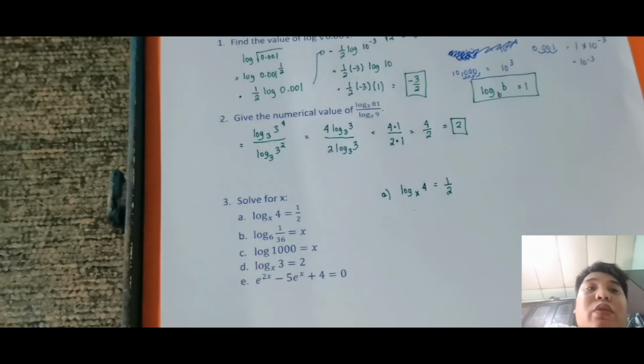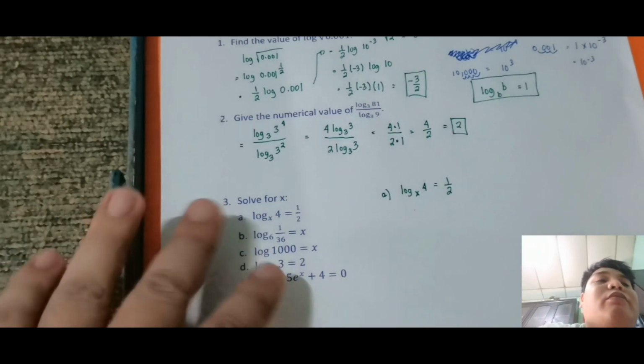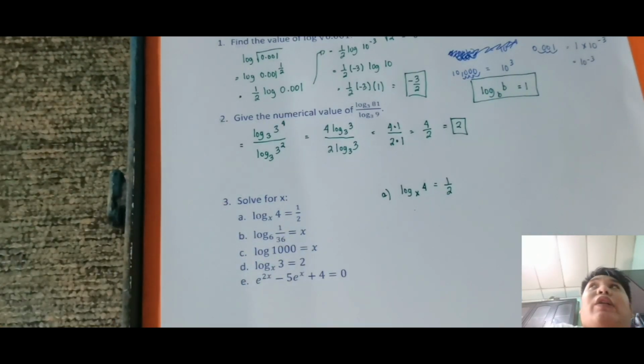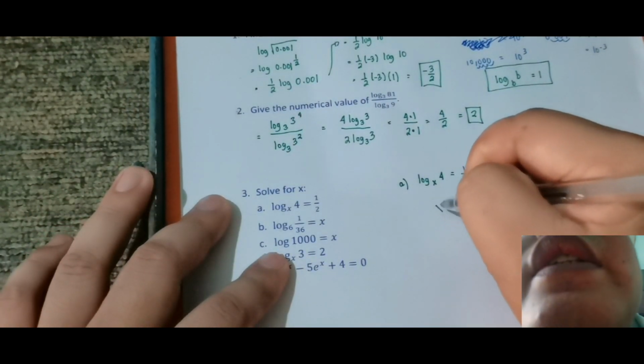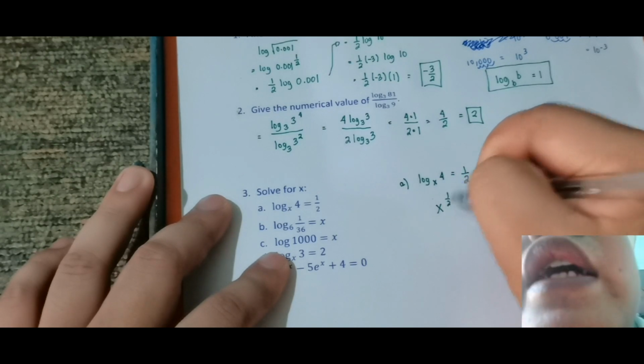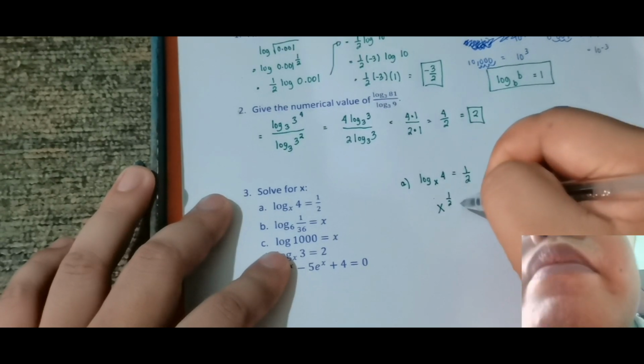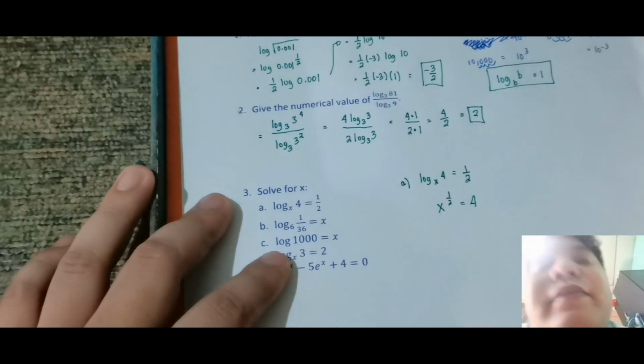So by the rule of logarithm to exponential, ito yung gagawin nyo lagi. Convert nyo siya to exponential para malaman natin anong idea yung gagamitin natin dito. So this is just equal sa x raised to 1/2. Sir, bakit? Kasi ito yung base. Raised to 1/2 is equal to 4.